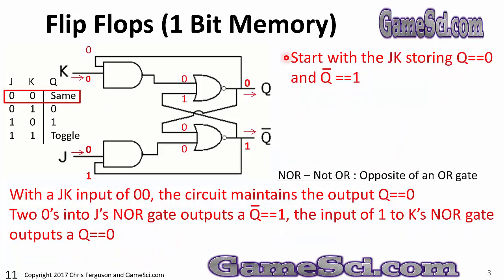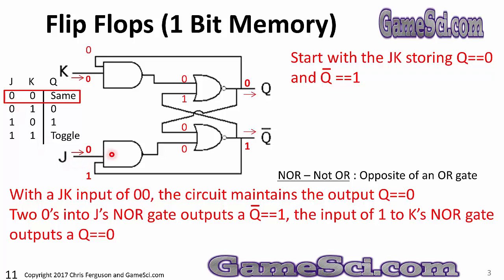Start with JK storing Q equals 0 and Q naught equal to 1. So I have a 0 on my output Q and of course a 1 on my Q naught. With a JK input of 0, 0, the circuit maintains the output Q equals 0. 2 zeros into J's NOR gate outputs a Q naught of 1. Take a 0 for J and bring it into this AND gate.